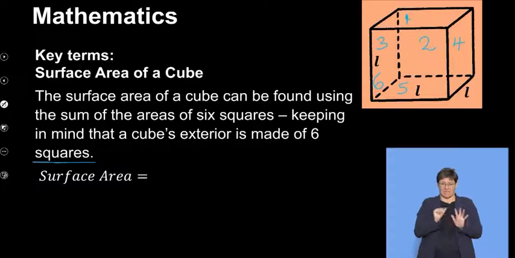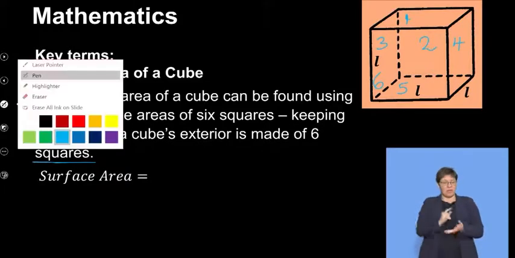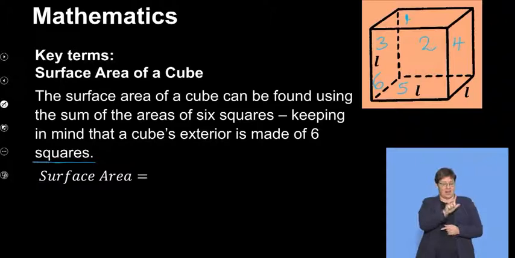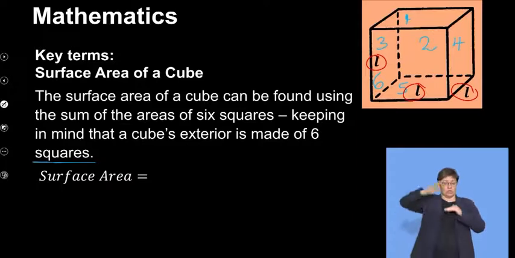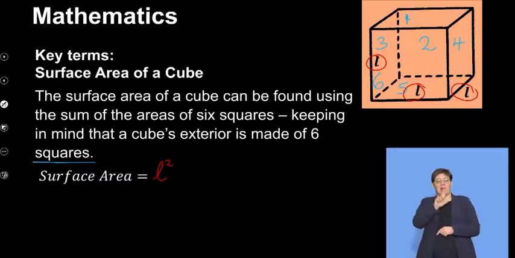But if I'm going to be adding the area of 6 squares together, that means I'm going to have to write all of those areas out. But what's quite cool about a cube is I know that the lengths are all common. So if I look at the top square, we know that the area would be length squared, because area is length times breadth, which would be length times length, which is L squared.